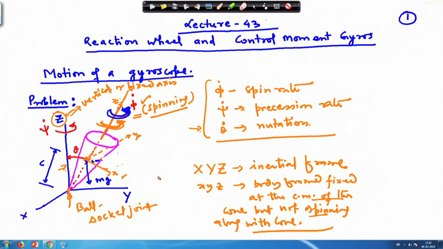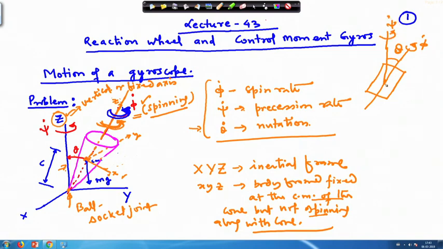Basically, due to gravity, there is a moment about the y axis. And under this moment, this is not a torque free case. Earlier, if you remember in rigid body dynamics, we took the case of a cylinder which is precessing, and there is the nutation angle involved, and it is spinning at phi dot, this is theta, and psi dot is present.